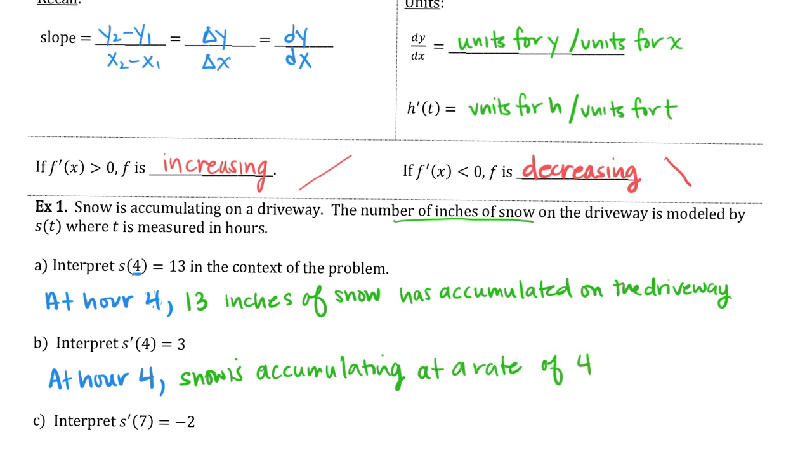The units for S is inches. The units for time is hour. So at hour 4, snow is accumulating at a rate of 4 inches per hour.